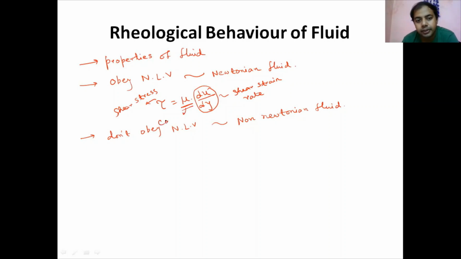Examples of Newtonian fluids: water we consider as a Newtonian fluid, air, diesel, etc. These are all Newtonian fluids.